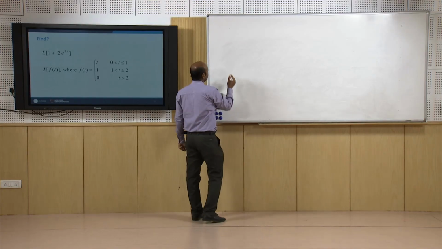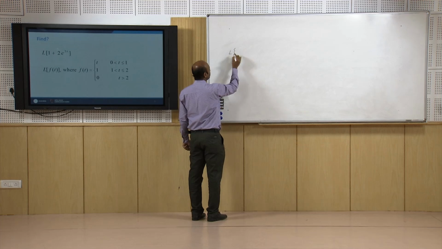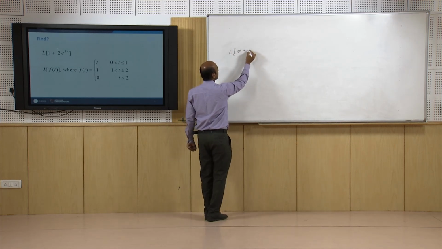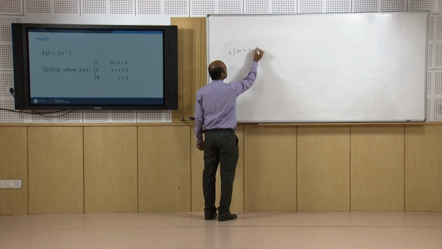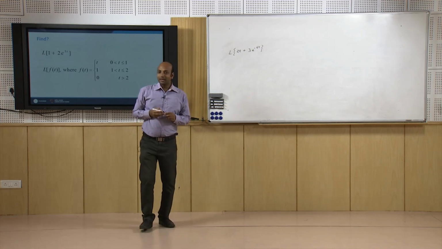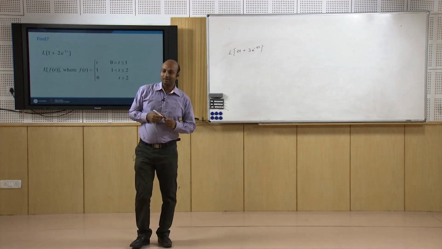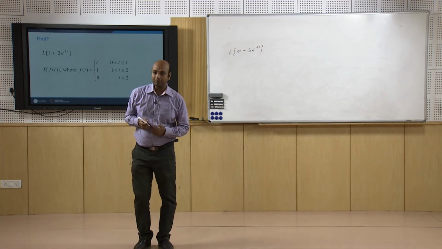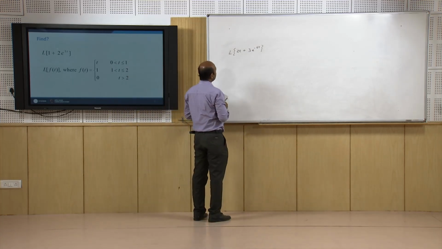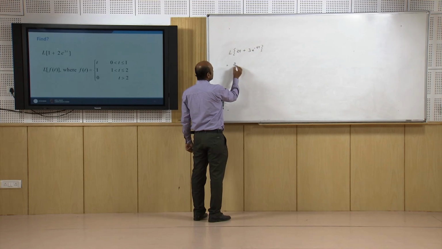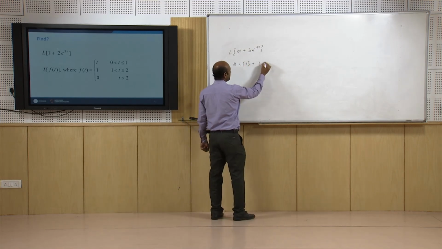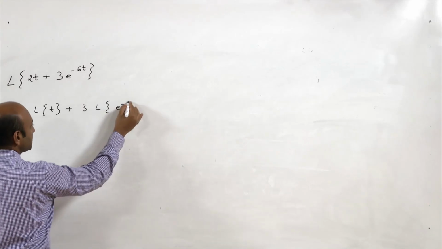Now suppose we want to find out the Laplace of 2t plus 3 e to the power minus 6t. Again we can use the linearity property of Laplace transform. By the linearity property, Laplace of this f(t) will be nothing but 2 times Laplace of t plus 3 times Laplace of e to the power minus 6t.